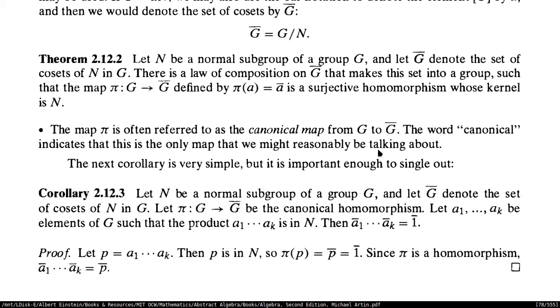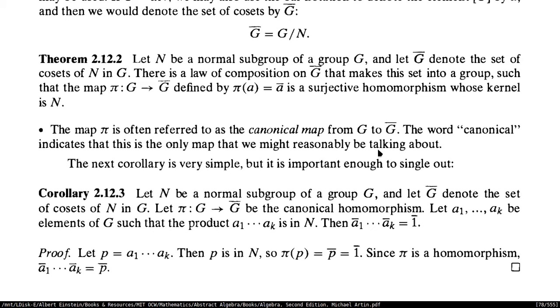Thus the group structure gets transferred. The phi here is analogous to the canonical map, transferring the group structure from G to G bar, right?